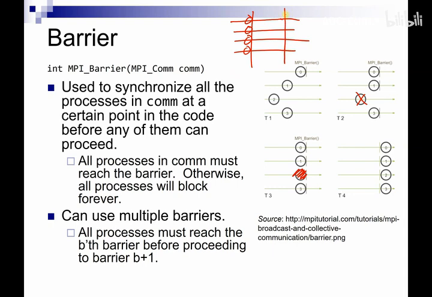So what that would mean is that all of the processes would have to hit the second barrier before they can go past the second barrier.